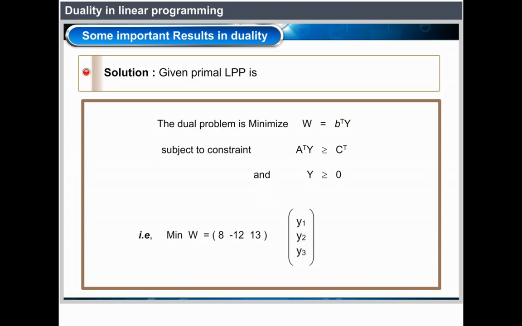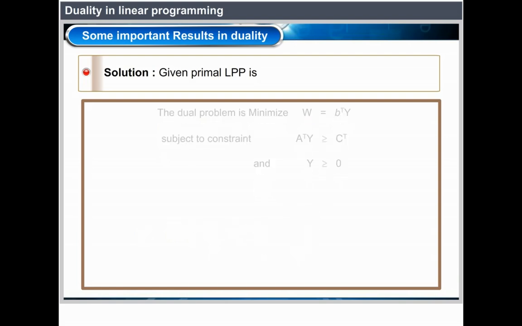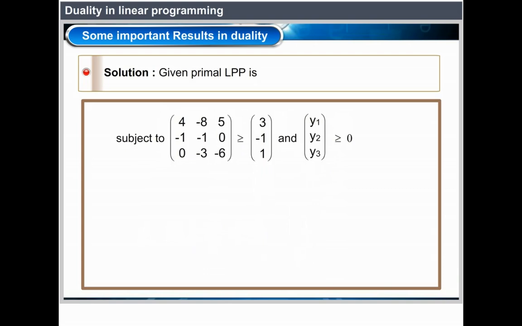That is, minimize w equal to 8, minus 12, 13 into y1, y2, y3, subject to first row 4, minus 8, 5, then second row minus 1, minus 1, 0, then third row 0, minus 3, minus 6, greater than or equal to 3, minus 1, 1 and y1, y2, y3 greater than or equal to 0.